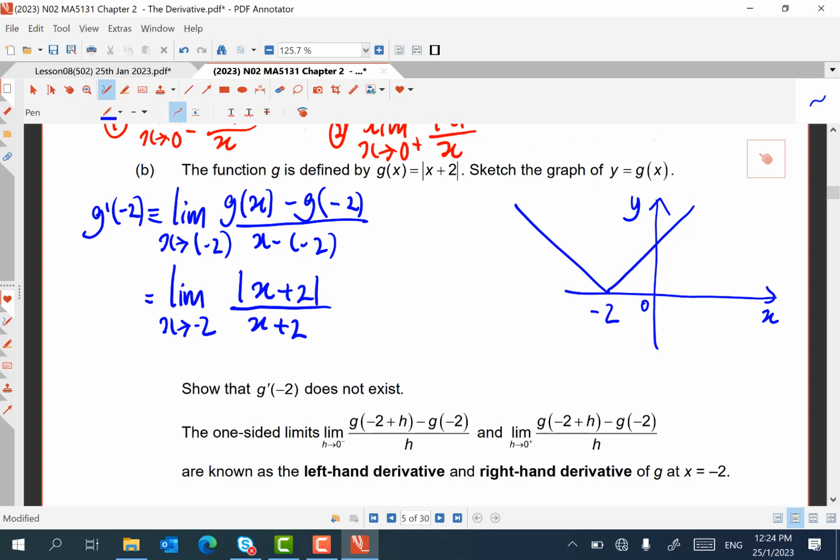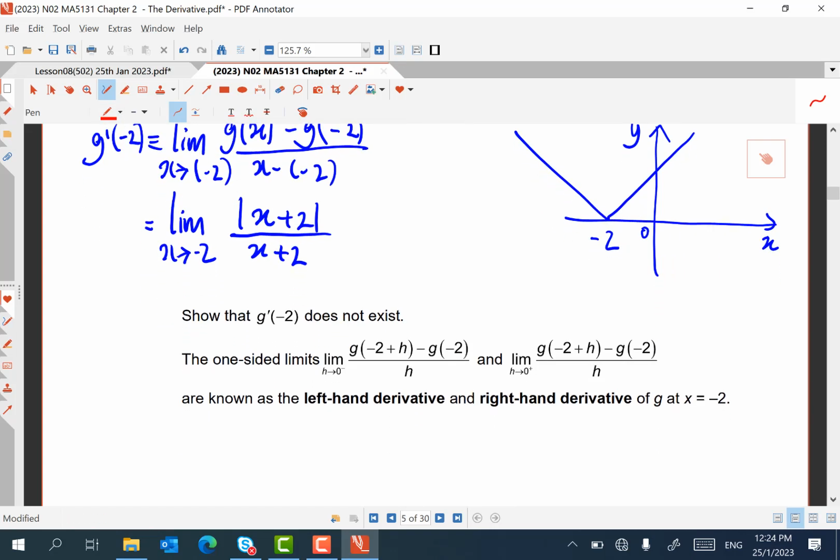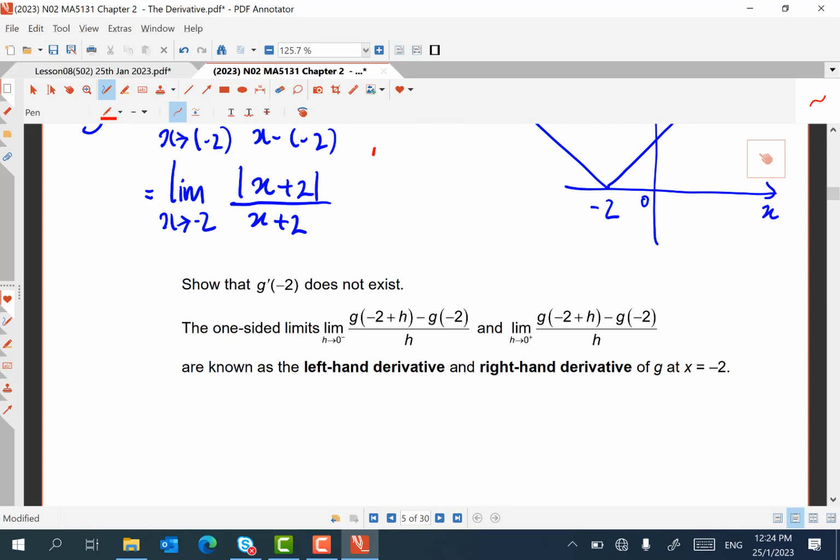For this kind of question, again, you got to do the left and the right limit. If you do the left limit, minus of x plus 2 over x plus 2, because when you remove the modulus sign this becomes a minus, and this gives you -1.